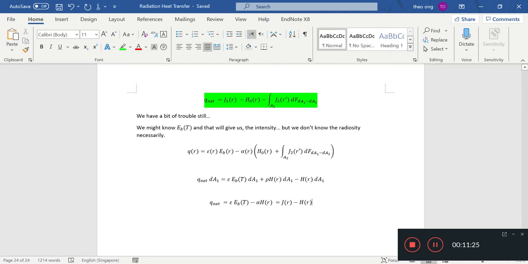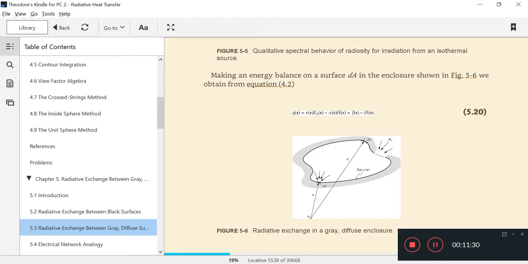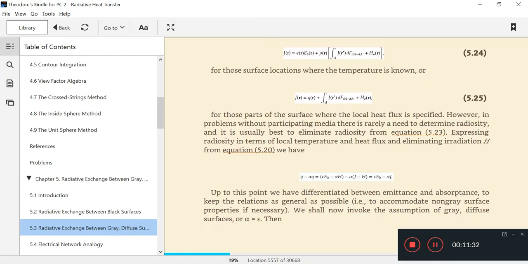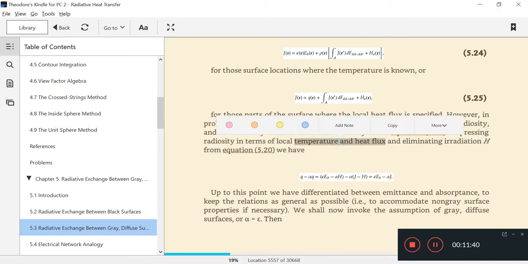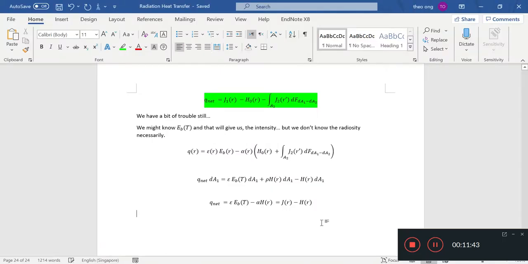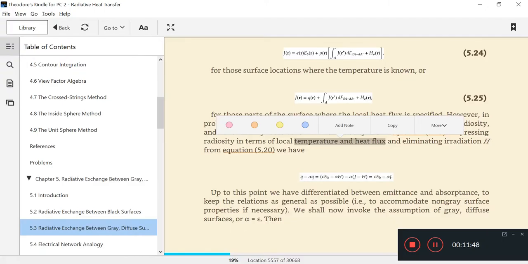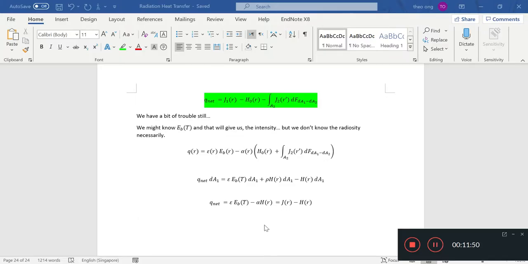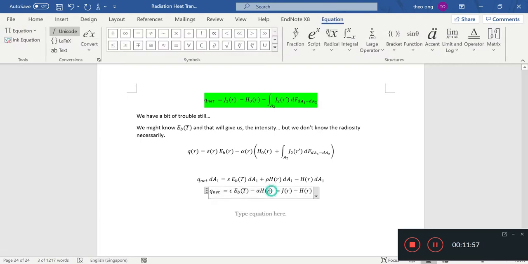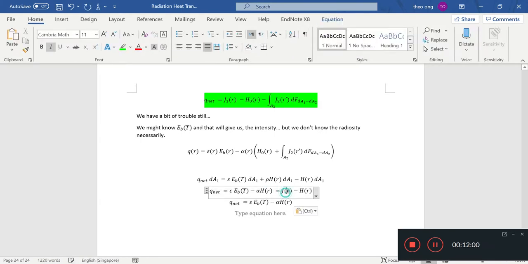Alright, so next thing we need to do, what did they say? Expressing radiosity in terms of local temperature and heat flux, eliminating irradiation H. So it looks as if we are supposed to have two simultaneous equations and then just get rid of H. So how are we doing that? Okay, we'll have this equation as one, and this one is the other one.